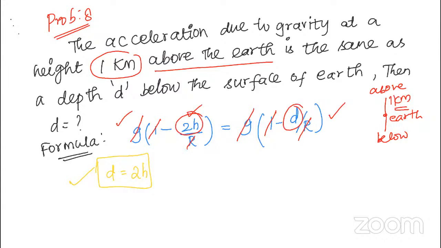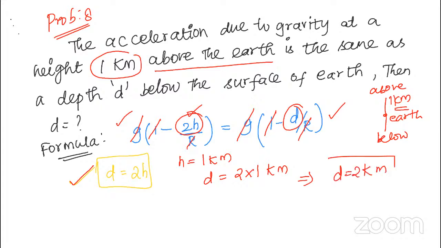So from that we get the formula d is equal to 2 into h. Now they have given the value for height. What is the value for height? It is 1 kilometer. So d is equal to 2 into 1 kilometer, which is d is equal to 2 kilometer.